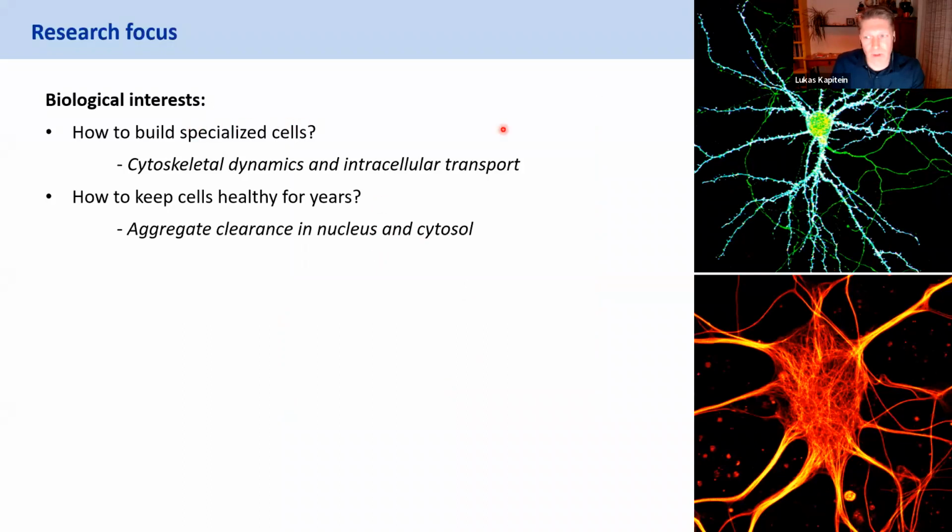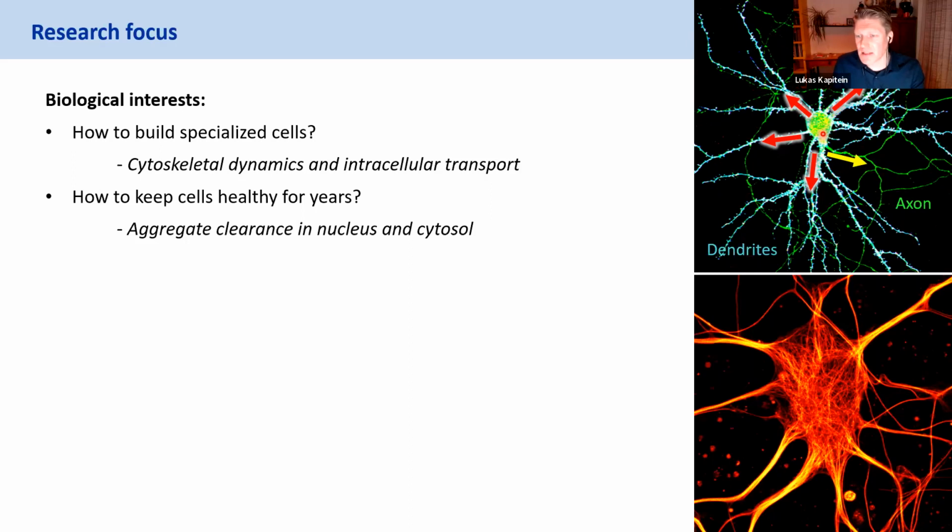And so what we try to understand is how it establishes its shape and complex organization, and also how it manages to have a single axon that can be up to a meter long, as well as multiple dendrites that have a completely different morphology and also a different function. So the dendrites receive signals from other cells, and then based on these inputs, a signal can be transmitted down to the axon.